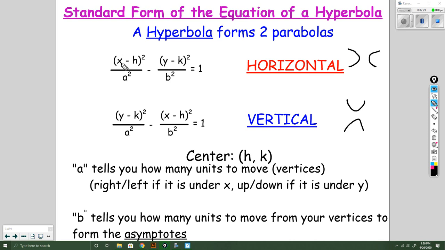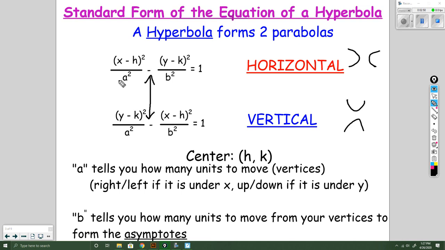If x is first, then it's going to be a horizontal hyperbola. If y is first, we're going to see a vertical hyperbola. One difference between ellipses and hyperbolas is that you're going to notice the minus sign instead of the addition symbol. Everything else is essentially the same, except that we could have y first or x first. It's not set that x is always going to be first like it was with an ellipse.